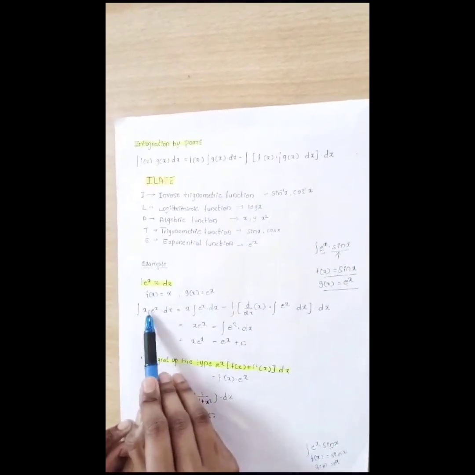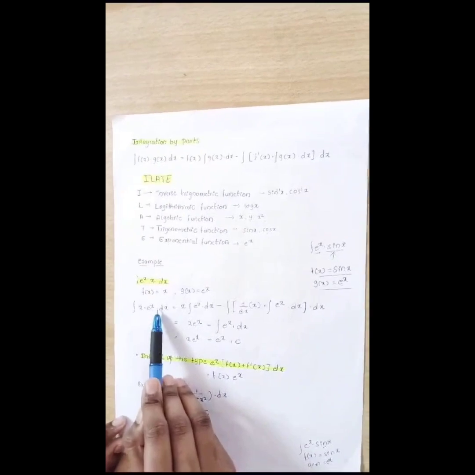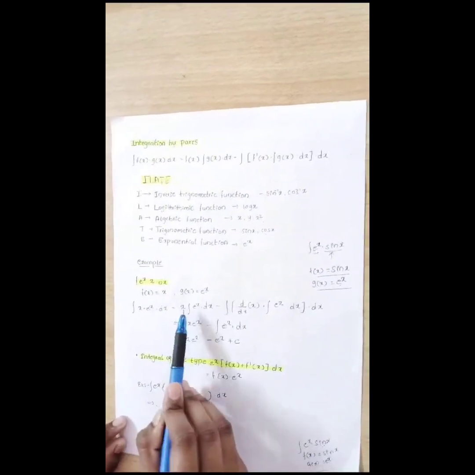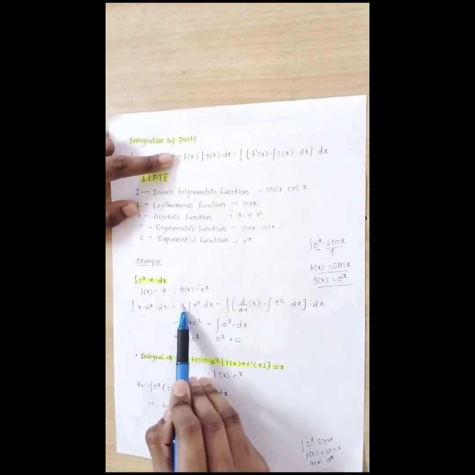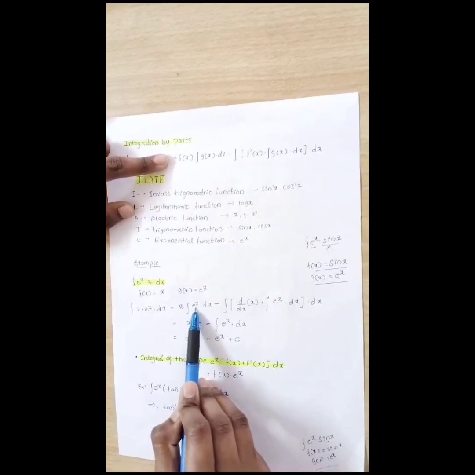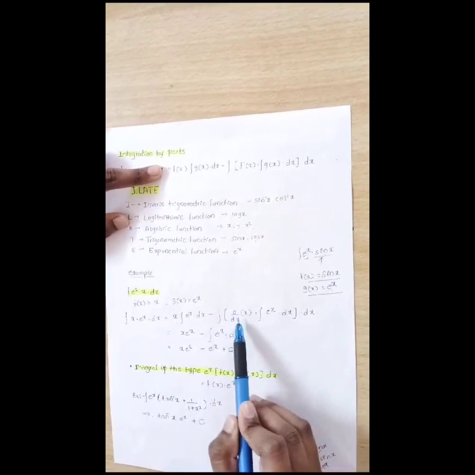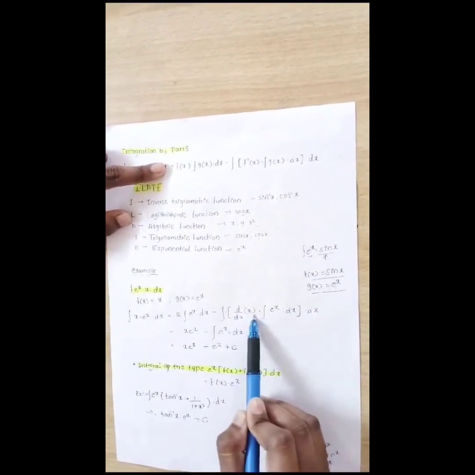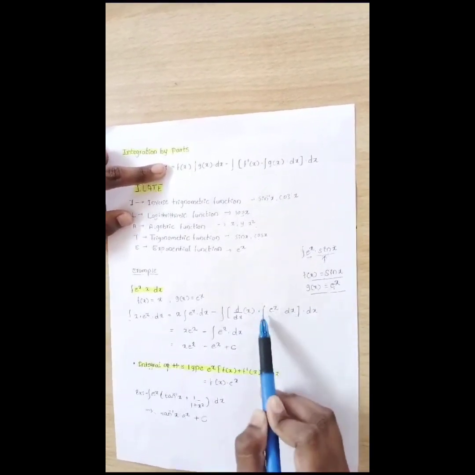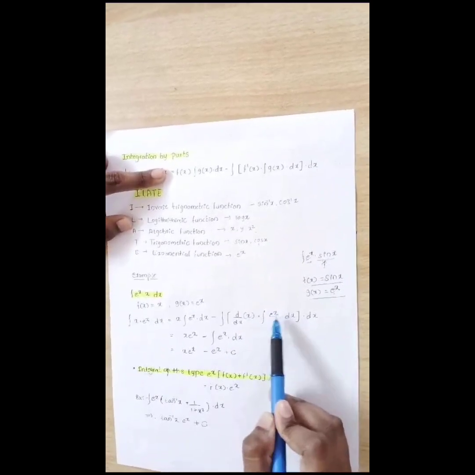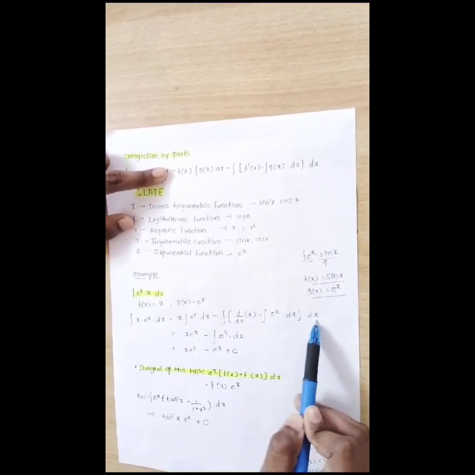So integration of x into e raised to x dx is equal to f(x), that is x, times the integration of g(x), which is e raised to x dx, minus the integration of f'(x), that is d by dx of x, times the integration of g(x), e raised to x dx, into dx.